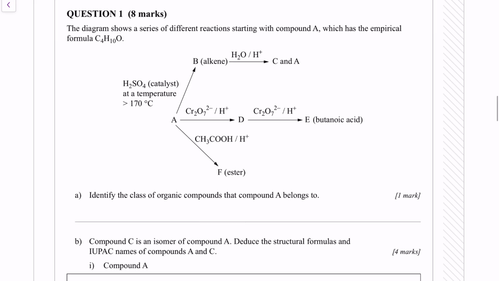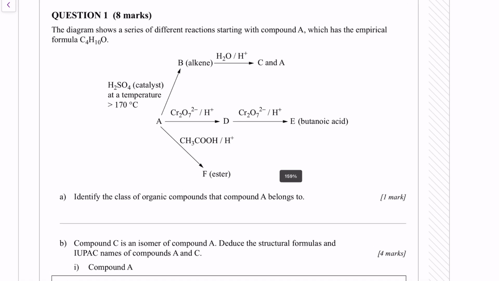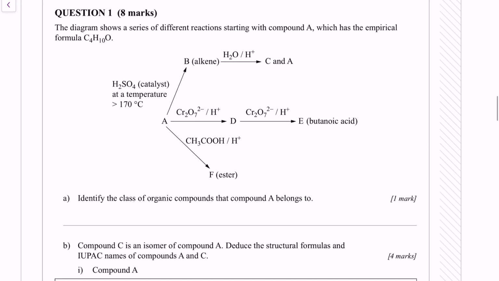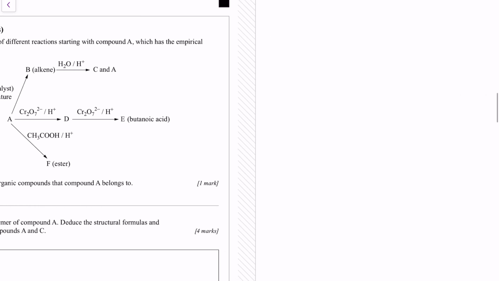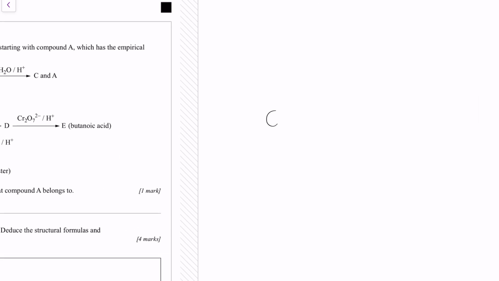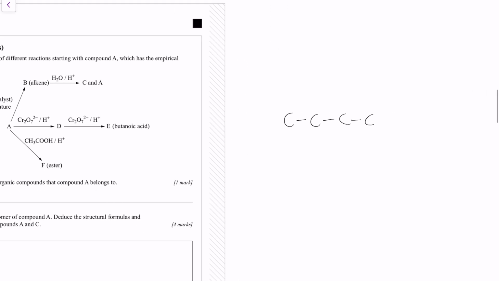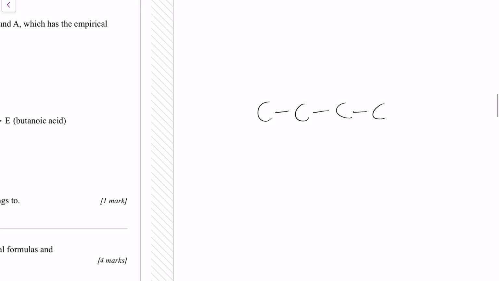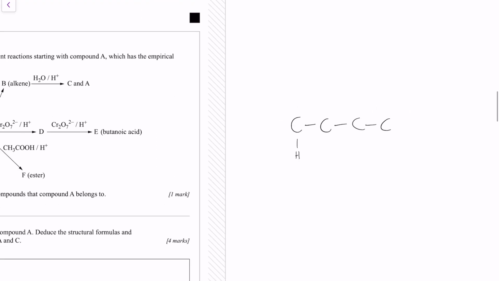Now there's a couple of ways to solve this question. One might be, you may not even need to use the pathways if you understand how to draw out C4H10O. So basically, remember, just start with your carbon chain. Start simple with just 4 single bond carbons, and then add your H's in.